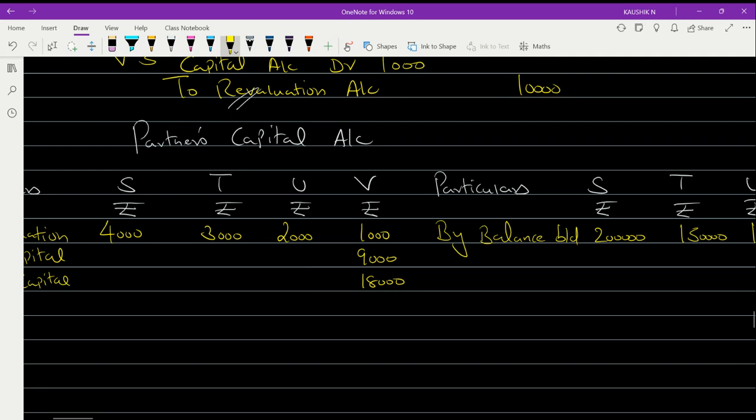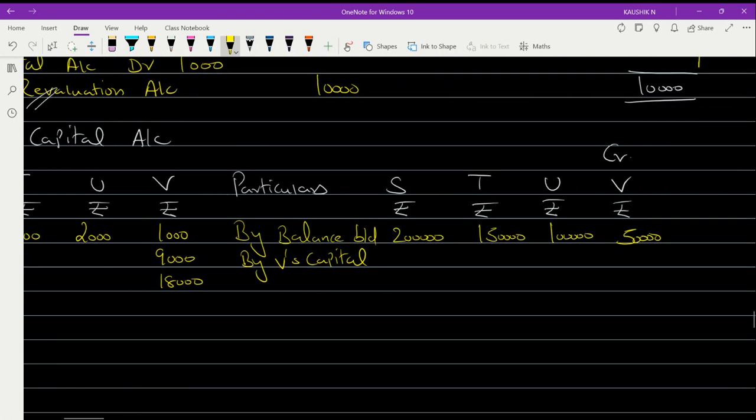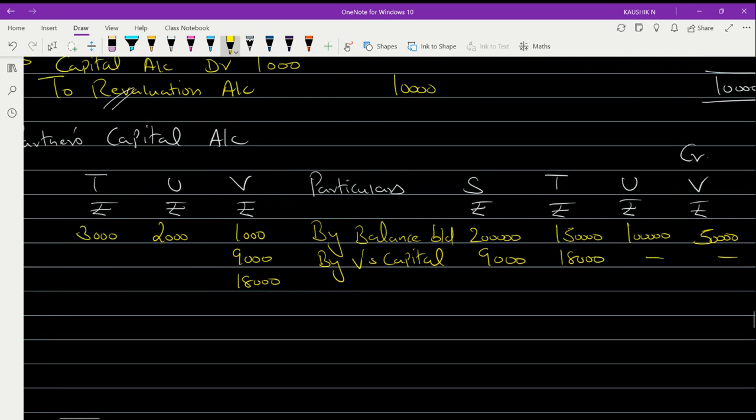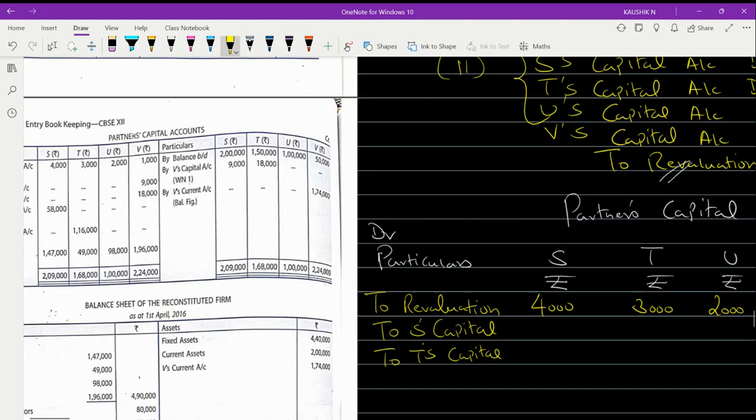And next, quite opposite of that, over here you'd record by V's capital account. Now the amount should be appearing in S and T, so 9,000 and 18,000. Nothing over here. So as of now, on the credit side two items and on the debit side one item.